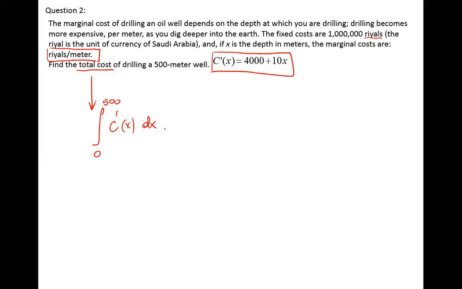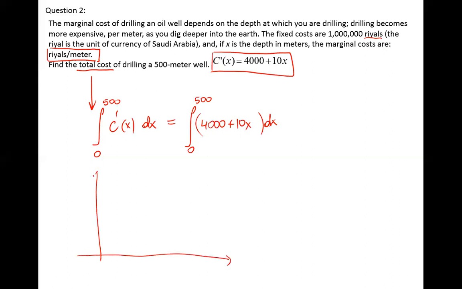So the definite integral from 0 to 500, and I have my function 4,000 plus 10x. How can we calculate a definite integral? We remember from the previous week, or even from this one, it's simply an area under the curve.